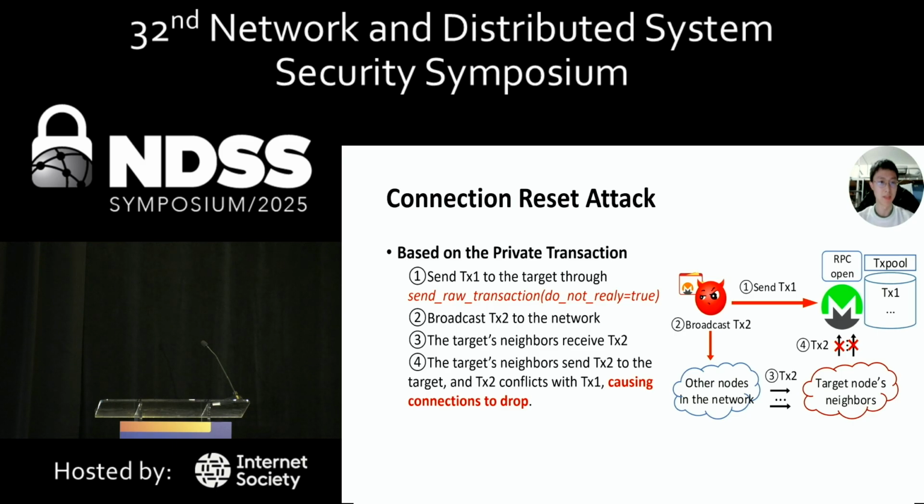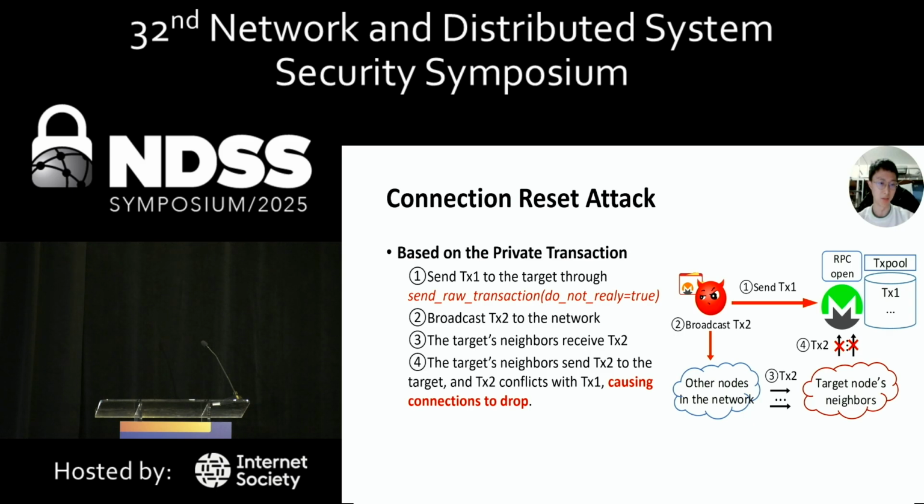The connection reset attack based on the private transaction is only applicable to nodes that have RPC services enabled. A Monero node provides an RPC method for private transaction service, allowing users to send transactions to a node without forwarding them. Leveraging this feature, we can easily create a double-spending conflict between the target node and its neighbors. The attacker proceeds as follows.